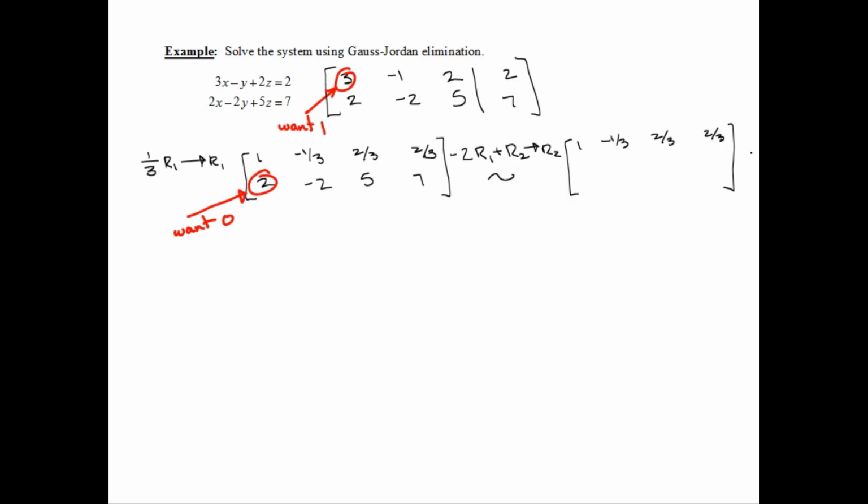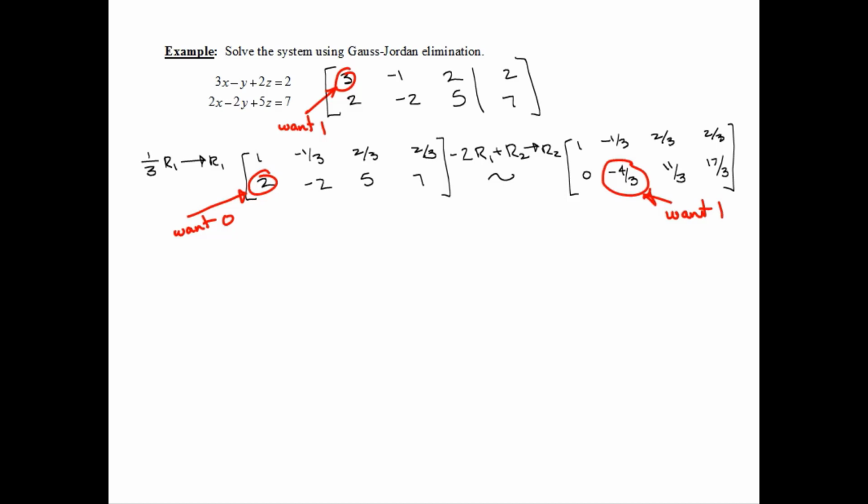And then my second row, when I do that, I should get 0, then -4/3, 11/3, and then 17/3. Okay, now we need to move to the second column. We want this to be a 1.